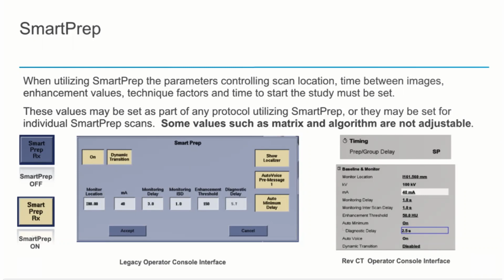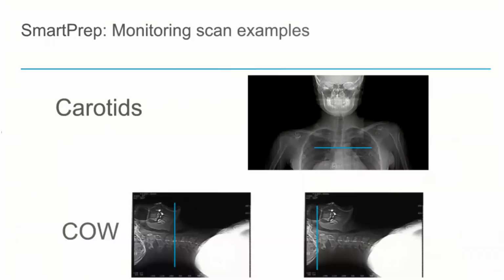So again, let's go to the carotid and circle of Willis. Here are some examples of where you might place the monitoring scan location for different exams. You can see there are two images of the circle of Willis, reflecting the different CT systems.